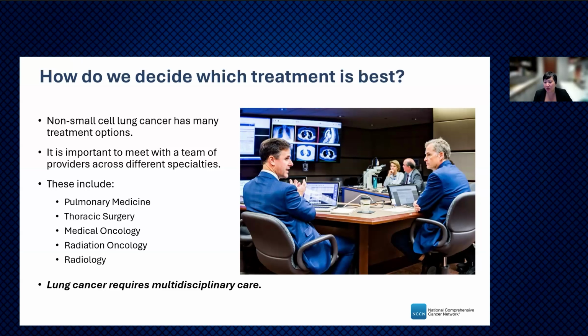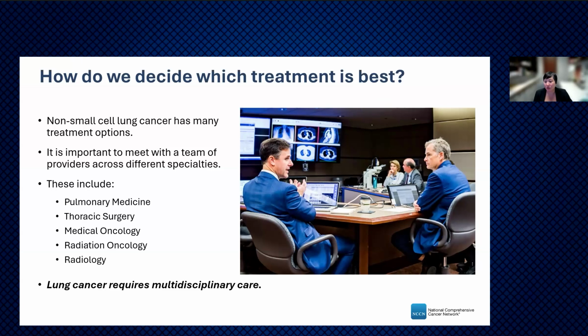So the first people you might meet would be pulmonary medicine. They are the lung doctors who specialize in things like emphysema or having trouble breathing. They're often the ones that do the bronchoscopy, which is a camera exam that we talked about, where they can get a piece of the lung tissue or check the lymph nodes. You may meet with a thoracic surgeon, and these are surgeons who specialize in lung surgeries.